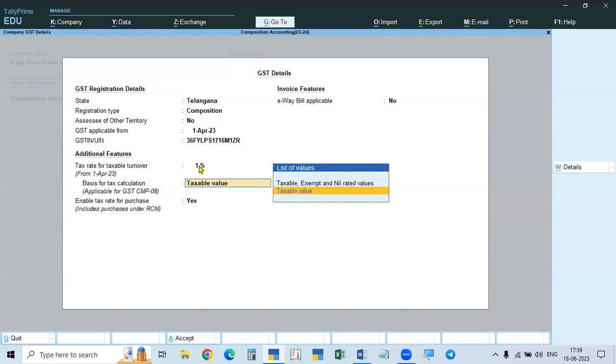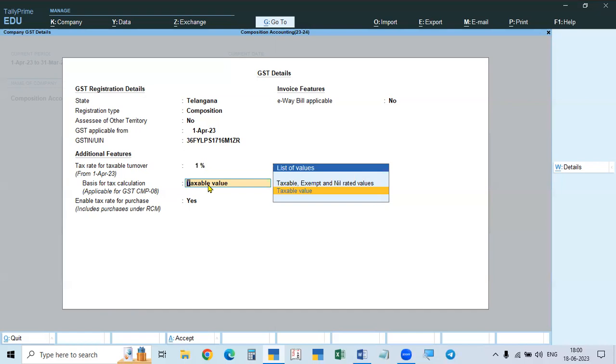And then how that rate is calculated, I told you already. In the case of a trader, only taxable value, that is taxable goods only, will be taken. On that only we have to pay tax. If we sell non-taxable or exempted goods, we need not pay any tax. That will be taken as part of turnover only, but we need not pay tax. We have to pay only on taxable goods.